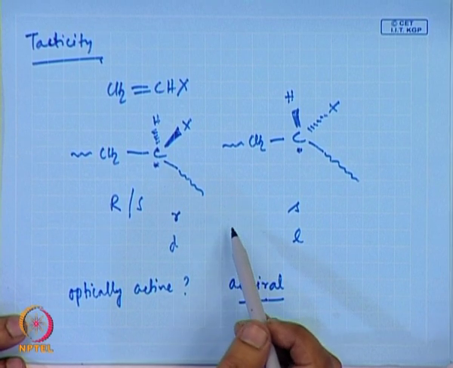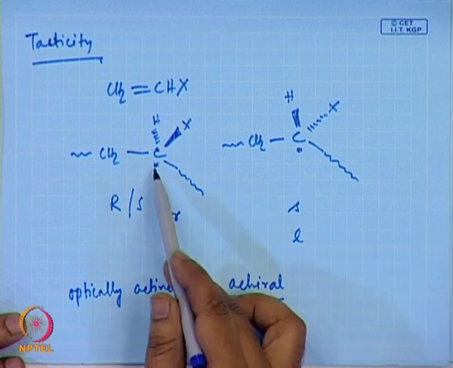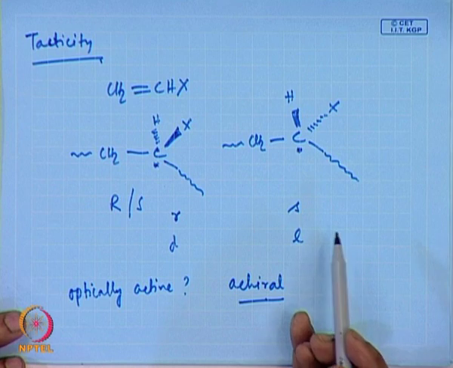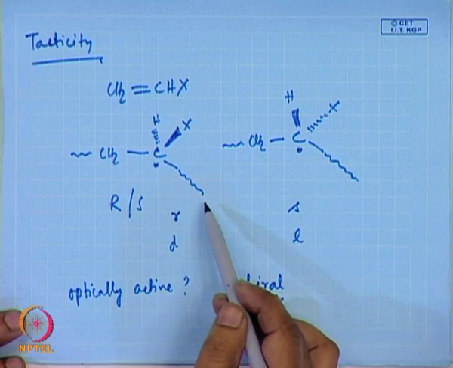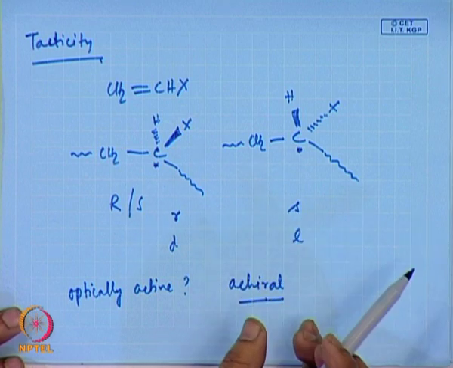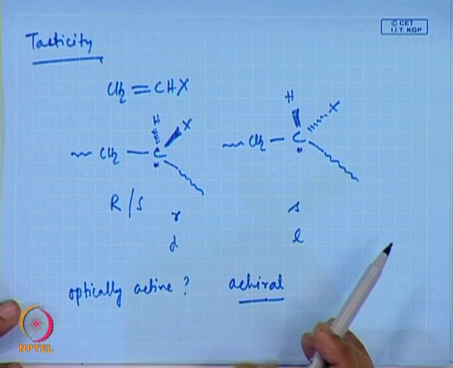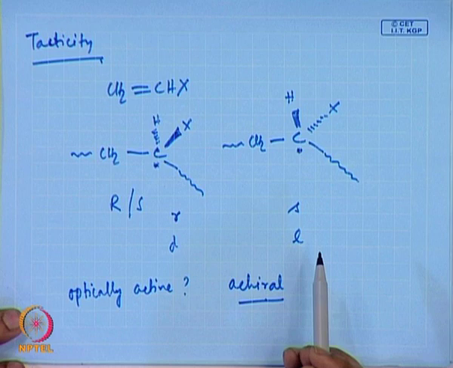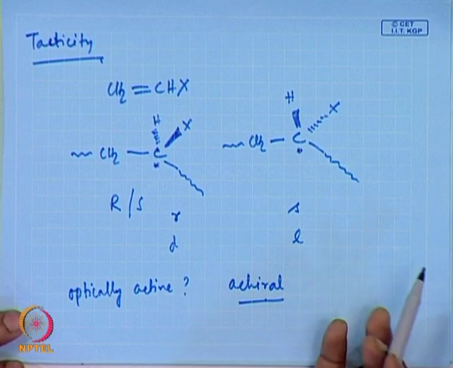You are right that the tertiary carbon atoms at the end, which have a functional group instead of a polymer chain, should be chiral and show some activity, but their concentration in the polymer is so low that practically their contribution is so low that you do not see any optical activity when you measure the optical activity of these types of polymers.